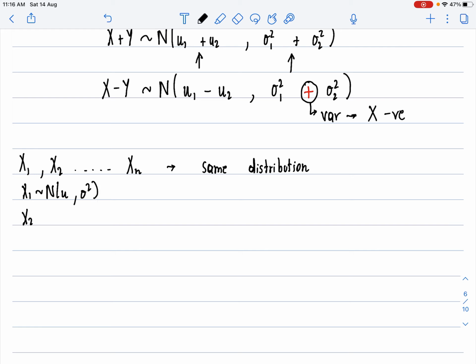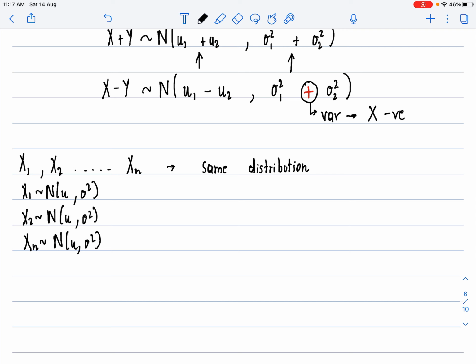X2 will also be normally distributed with a mean comma variance. And Xn will be distributed with the same mean comma variance. All of these will have the same distribution because they have the same variable, which is X.